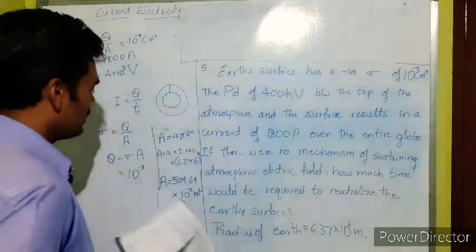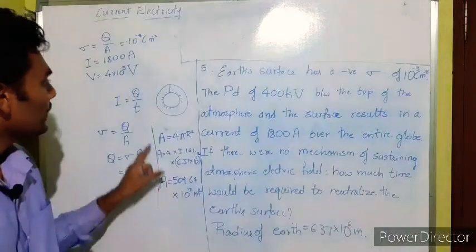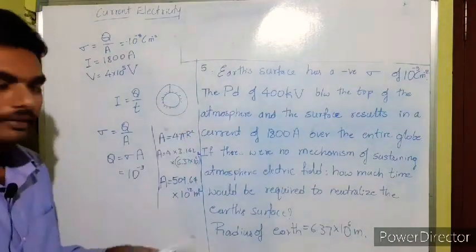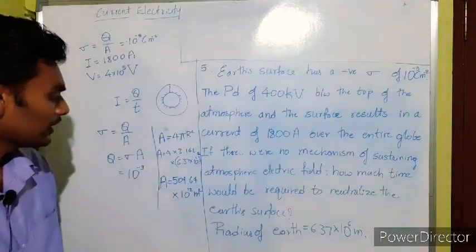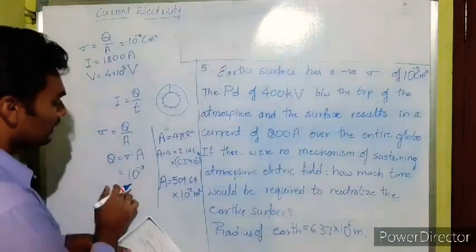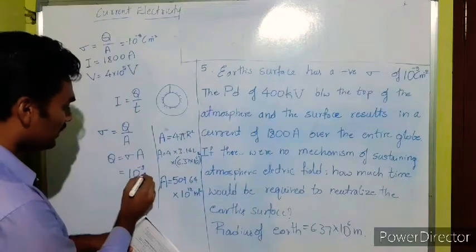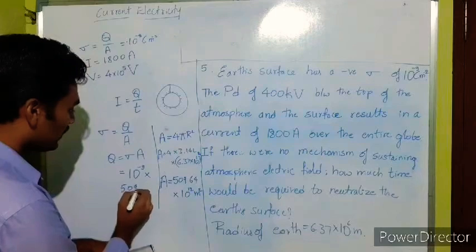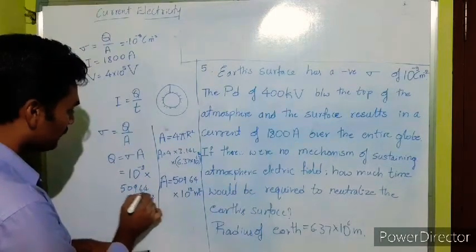So this is the surface area of the earth. The surface area of a sphere, I should remember, is 509.64 into 10 to the power of 12. Now if I put the value of A here, sigma is 10 to the power of minus 9 into A, which is 509.64 into 10 to the power of 12.